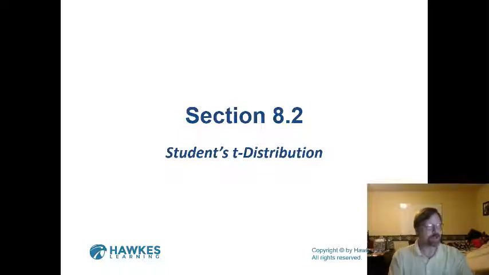A guy who was working at the Guinness Brewery came up with it and published it, and somehow his employer was involved in that, and they forced him to publish under a pseudonym, so he chose to publish as Student. And it's still called the Student's t-distribution instead of the name which I read in that side note and have already forgotten.